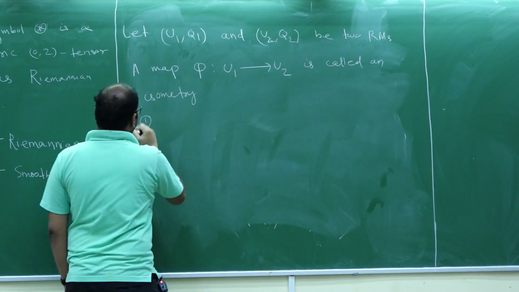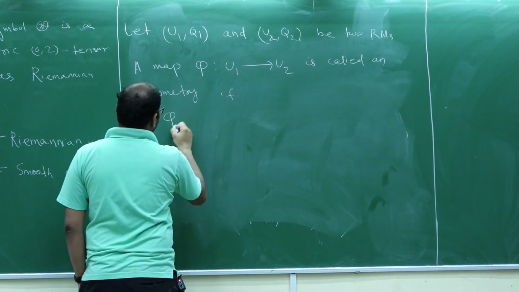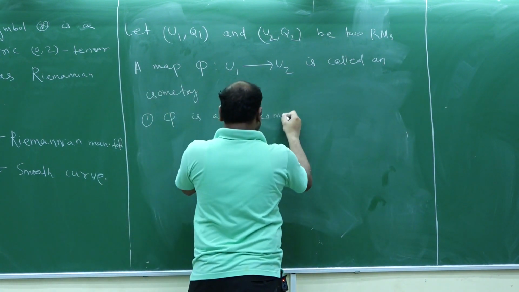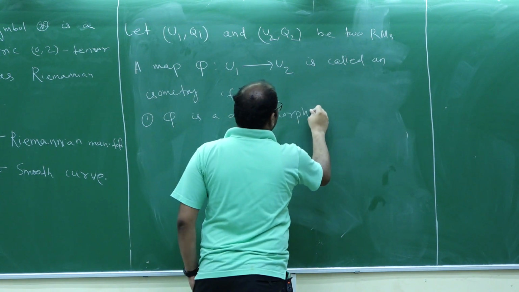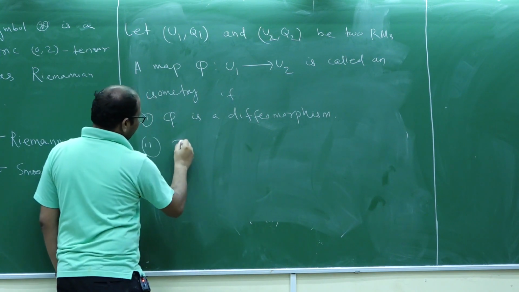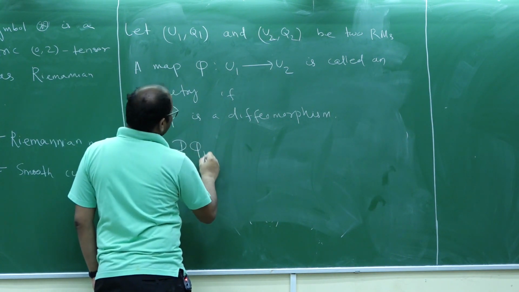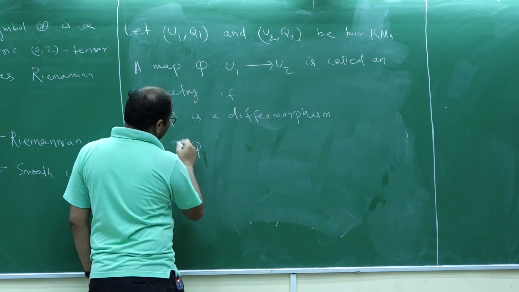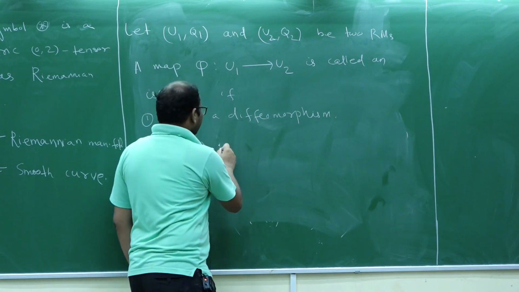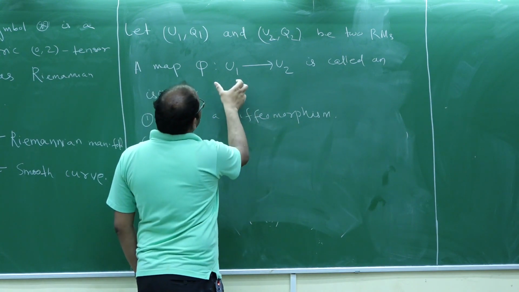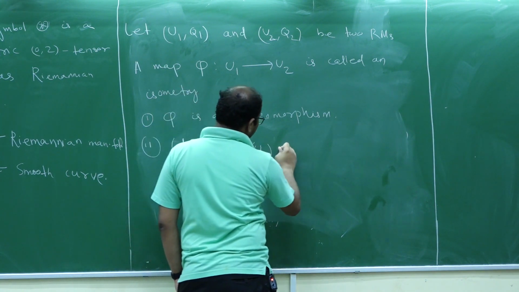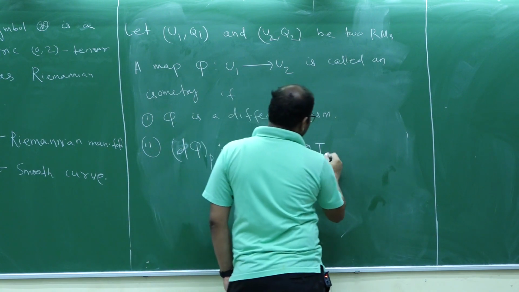So if phi is a diffeomorphism, diffeomorphism means that phi is a smooth map, one-one and onto, then you take this d phi at P, the derivative of phi at P. So that is by definition a map from T_P1 to T_phi(P)2.